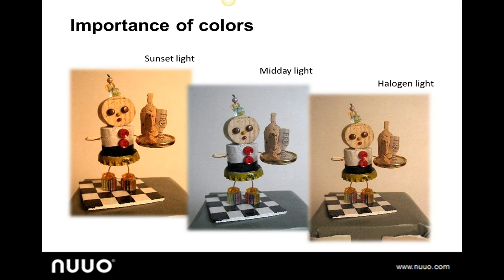To avoid this kind of problem, there's a function in the IP camera called auto white balance. When you enable this function, the IP camera will adapt to different light conditions and make the object look closer to its true color.